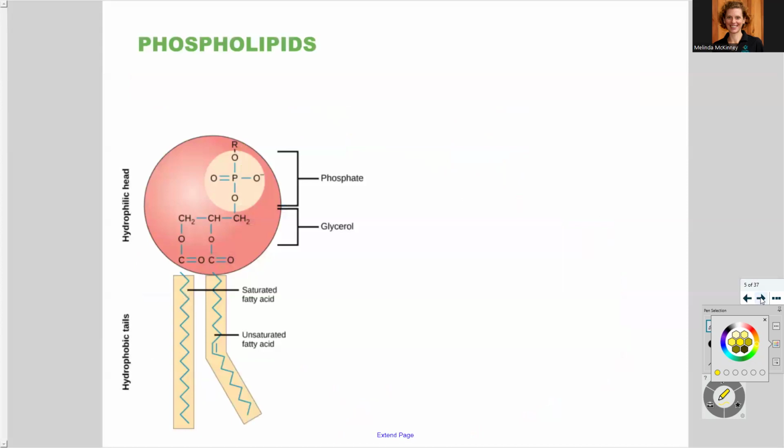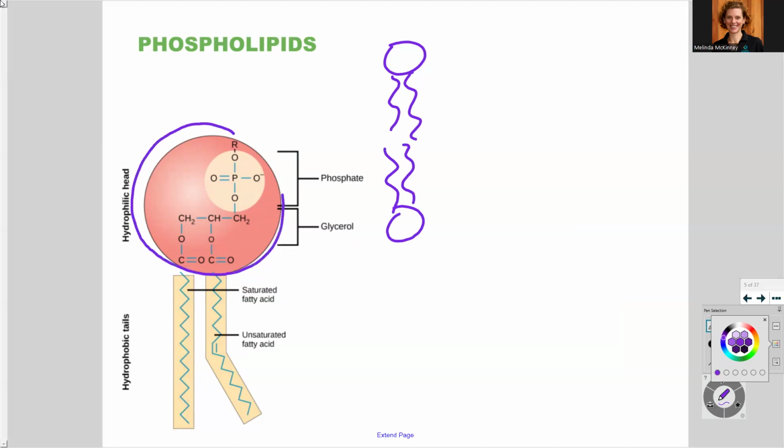The phospholipid itself, so this in the previous slide, we had one on the outside of the membrane and one on the inside of the membrane, okay? This is the phospholipid over here on the top. This part of the head is polar, which means this part is going to be attracted to water. It is hydrophilic.